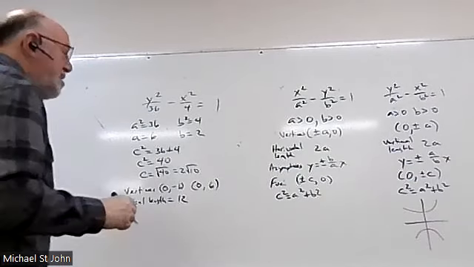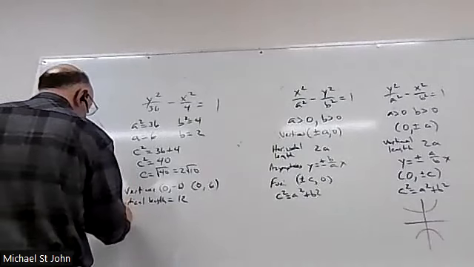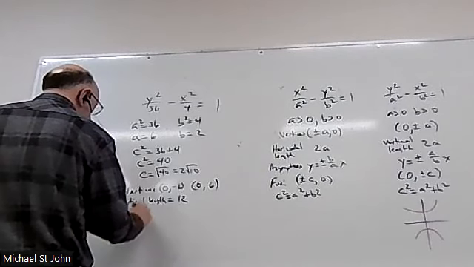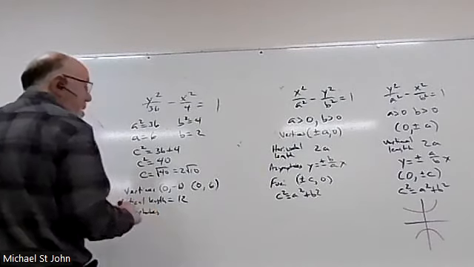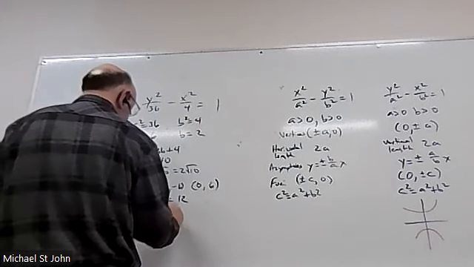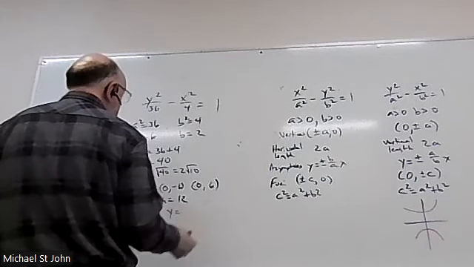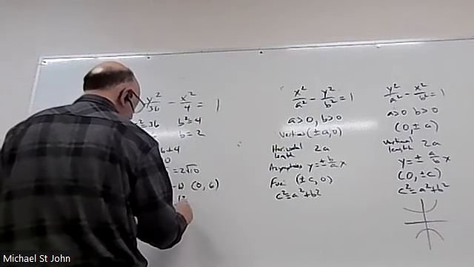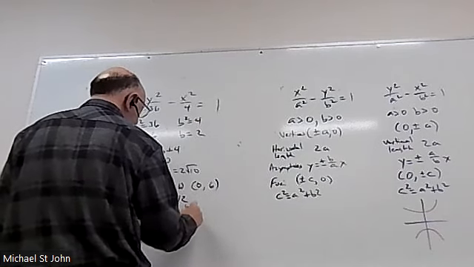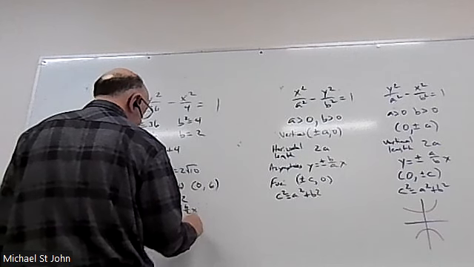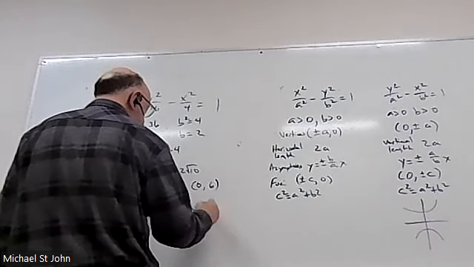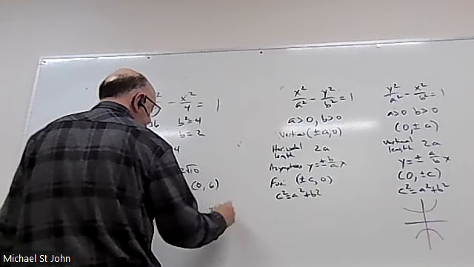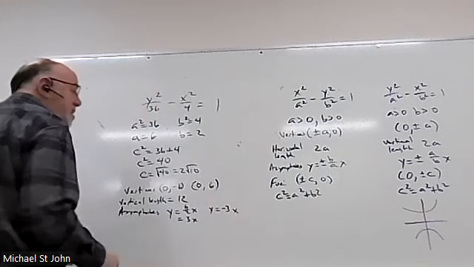We have our asymptotes. They are going to be y equals 6 over 2 x, which of course would just be 3x. And the other one would be y equals minus 3x.